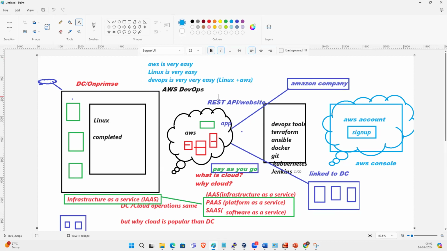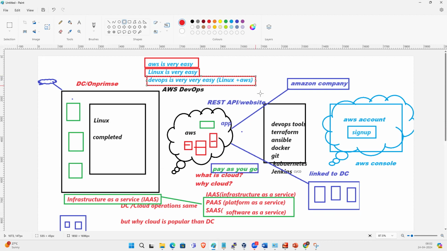DevOps is a methodology or a culture, so we can use tools and automate the process. Linux is easy, and AWS is also very easy. DevOps is also very easy if you know Linux. Guys, we are on that track.